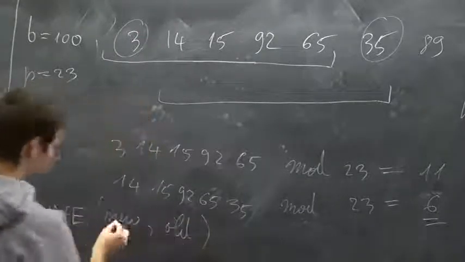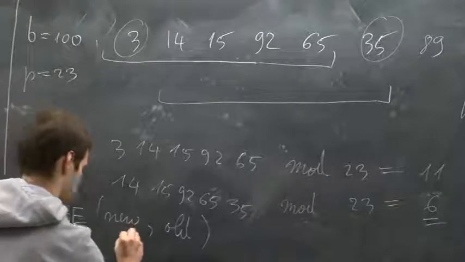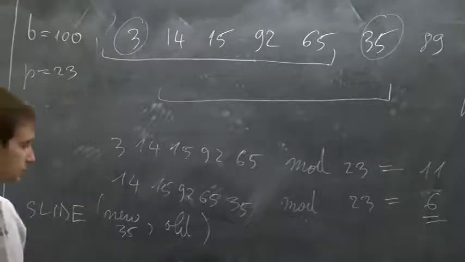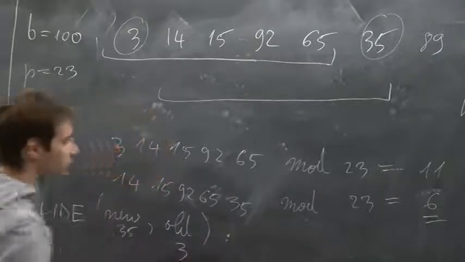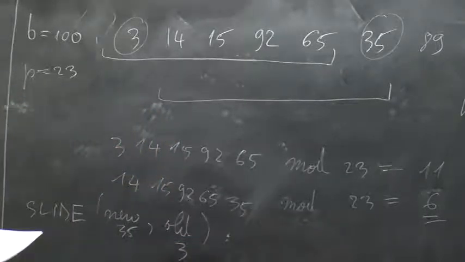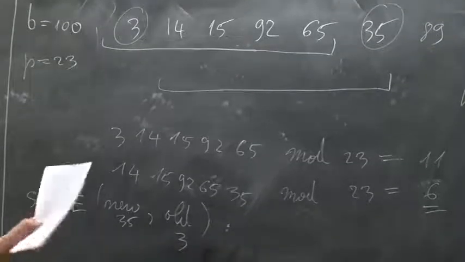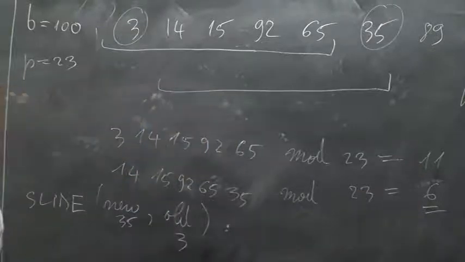So in this case, the new one is 35, yeah, and the old one is 3. Excellent. And I want to have an internal state called hash that has 11, and I want to get 6 after I'm done running slide.